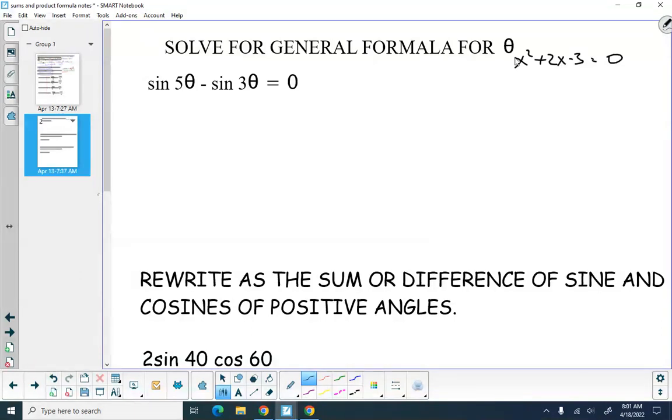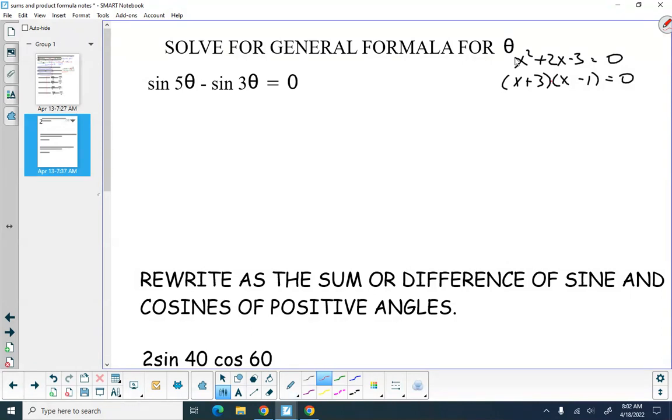But what we learned to do in algebra is to factor this down to x plus 3 and x minus 1. What we were able to do is change this into a multiplication problem.